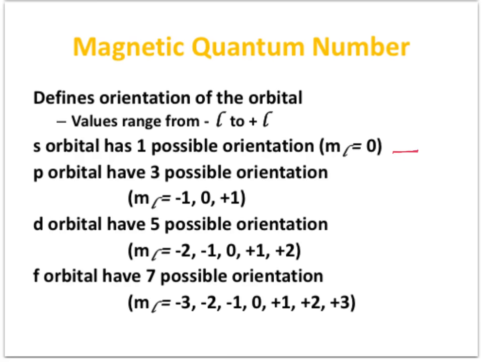We have 3 in the p, 5 in the d, 7 in the f. Now what does that sound like? Remember, these are the same as our orbitals. There are 7 different orientations in the f, 5, 3, and 1. So that should ring a bell right there.